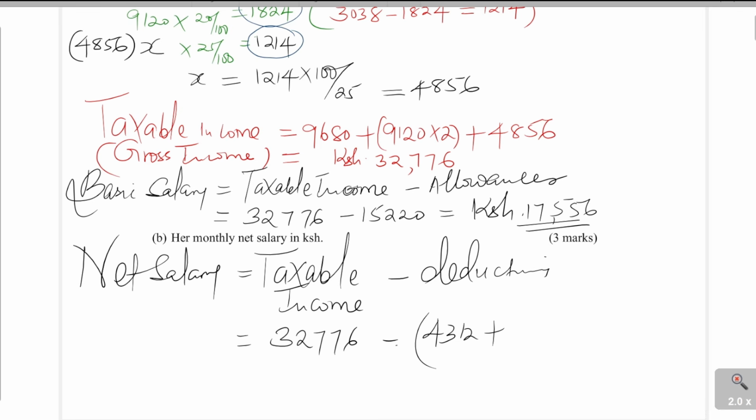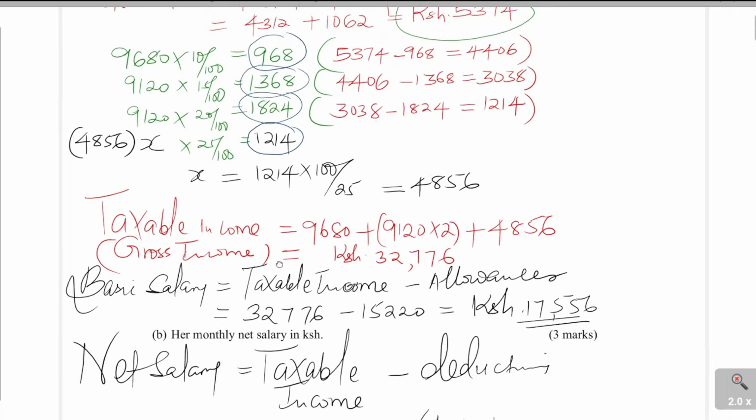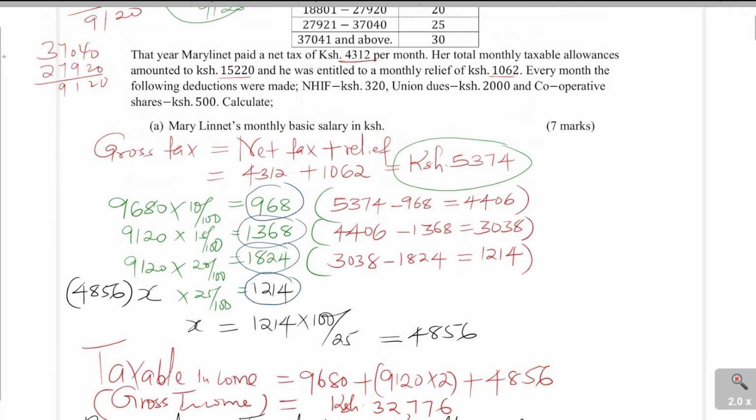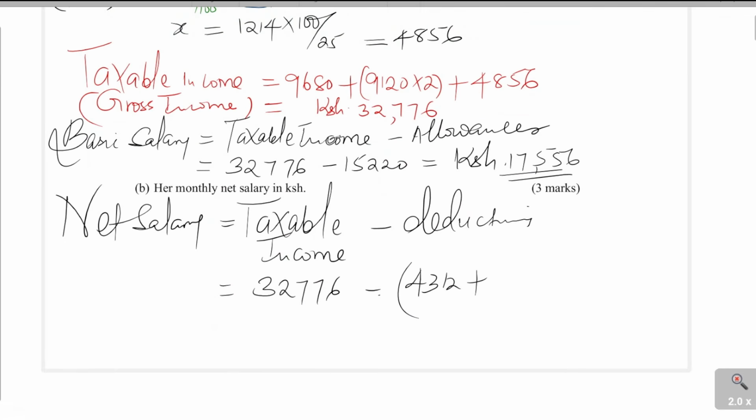Plus, we have other deductions from the question. We have NHIF 320, then union dues of 2,000, and 500. So 320, 2,000, and 500, we add the three of them.